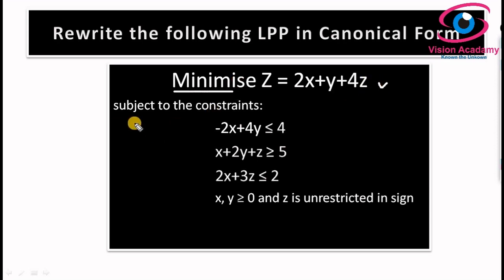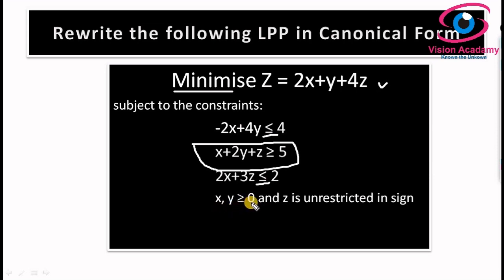And subject to the constraints, we have to concentrate on lesser than or equal to type only. The first and the third constraints are in the desired form, whereas the second constraint is in greater than or equal to type. Then we must convert it into lesser than or equal to type. And x, y greater than or equal to 0, these are non-negative.